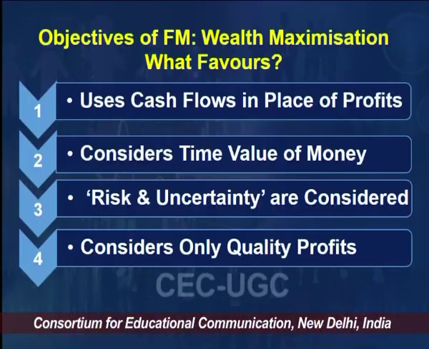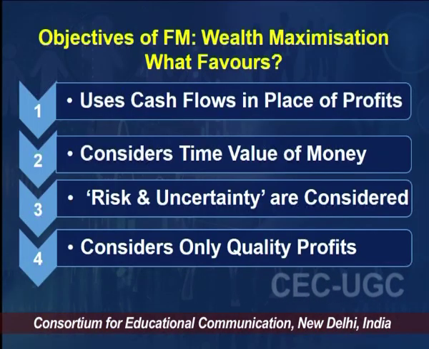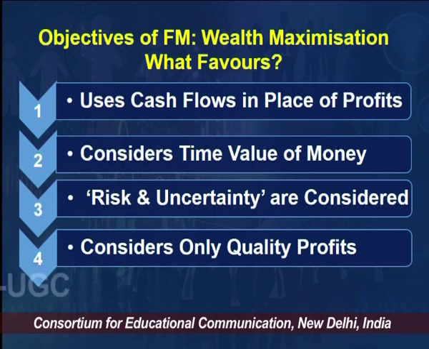Number 1, it uses cash flows in place of profits. Number 2, the wealth maximization concept considers time value of money. Number 3, risk and uncertainty are considered. And lastly, it considers only quality profits. So those points which were against profit maximization become the points in favor of wealth maximization.